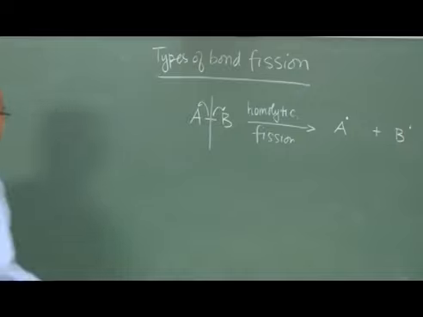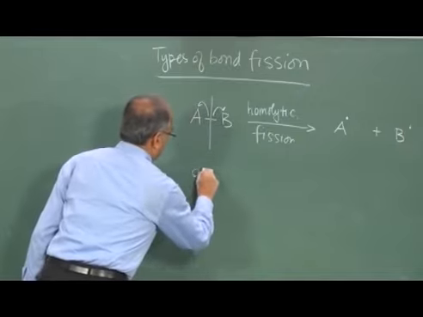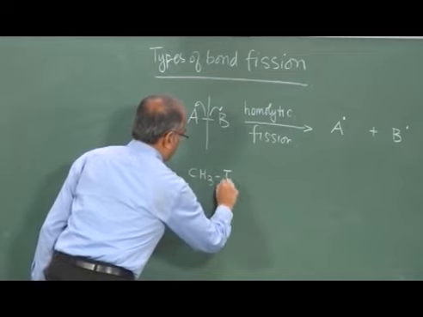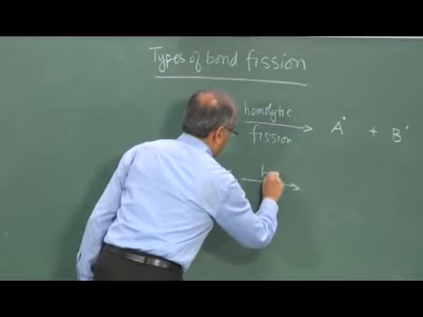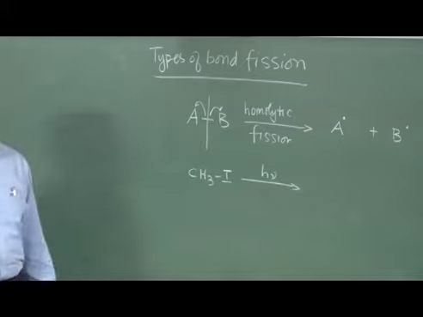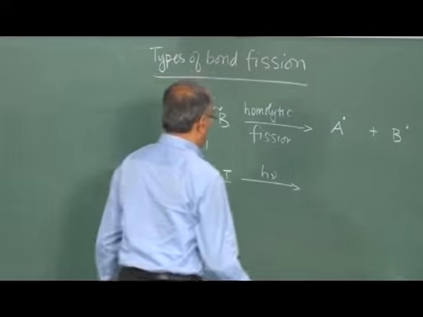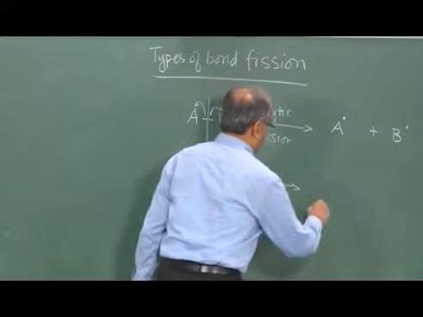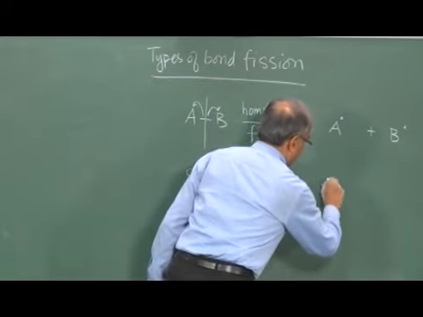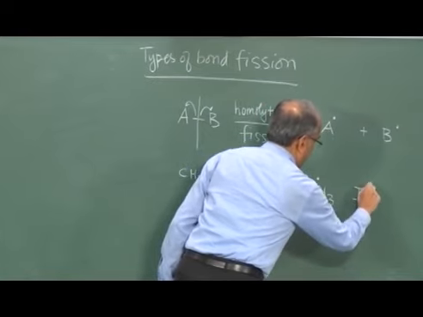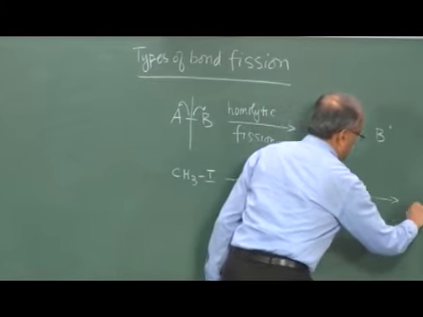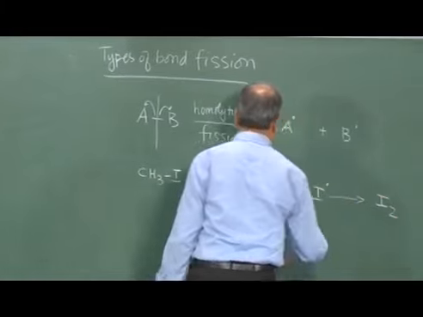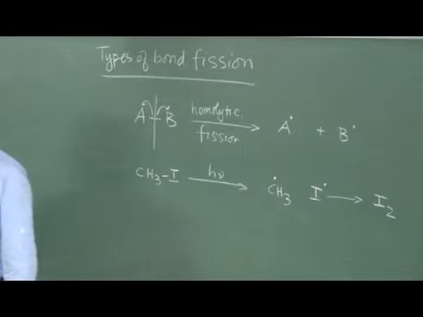A simple example can be seen by taking methyl iodide. If you shine light on methyl iodide, in other words leave it open in the room light, it absorbs the energy of the photon, thereby producing a CH3 dot and I dot. Eventually the I dot will go to I2, so it produces the iodine color. The CH3 dot of course will go to ethane and so on. So, this is an example of homolytic fission.